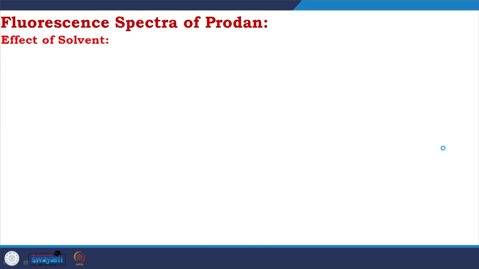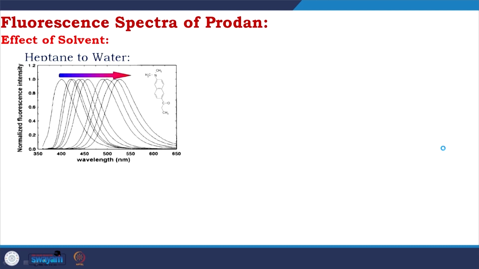So, if you see here a fluorescence spectra taken for proton, where solvents are used from heptane to water, from non-polar to polar, and you see several different spectra are obtained.